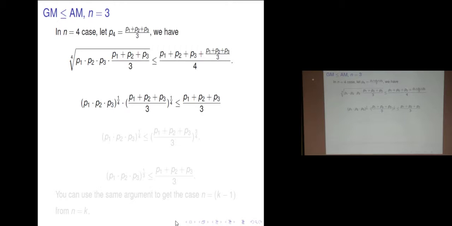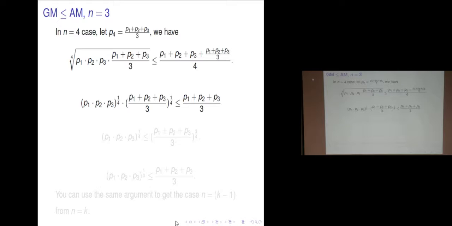So on top you have, imagine you have 3 over 3 here. So you have 4 over 3 on top. And that 4 and this 4 get cancelled. So you get just the average. You can do it on paper. It's quite easy, it's not hard. So the right-hand side, you can simplify to here.